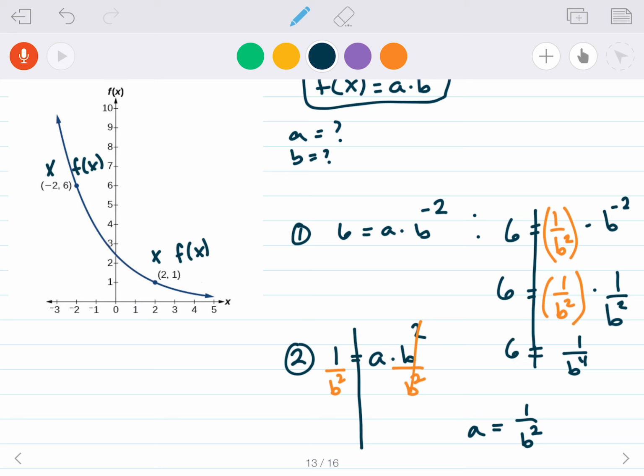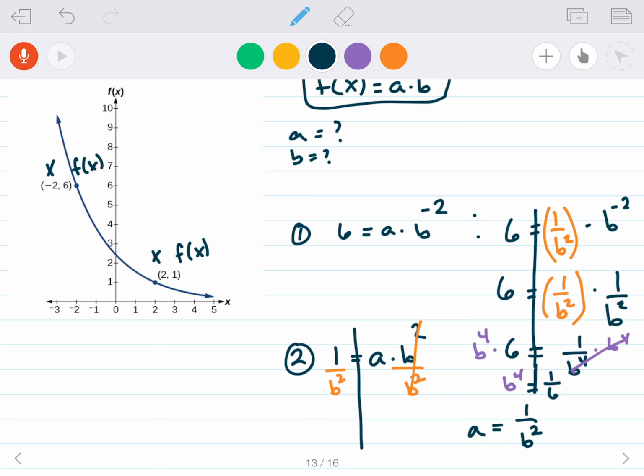Okay? Now, to get the b to the 4th out of the denominator, I can multiply both sides by b to the 4th, and divide both sides by 6, which gives me b to the 4th equals 1 over 6.